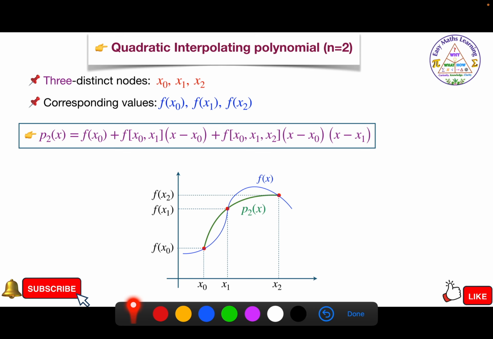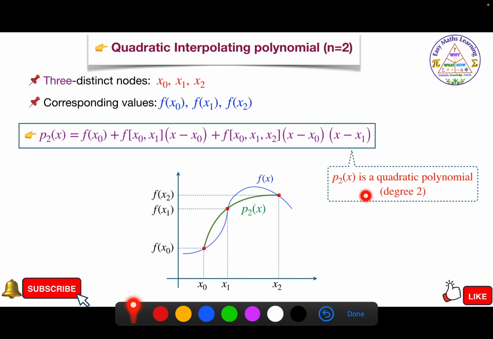You can see here this green curve p2(x) passes through the given data points, these three data points. So for n equal to 2, Newton's form of interpolating polynomial is a quadratic polynomial, that is a polynomial of degree 2.